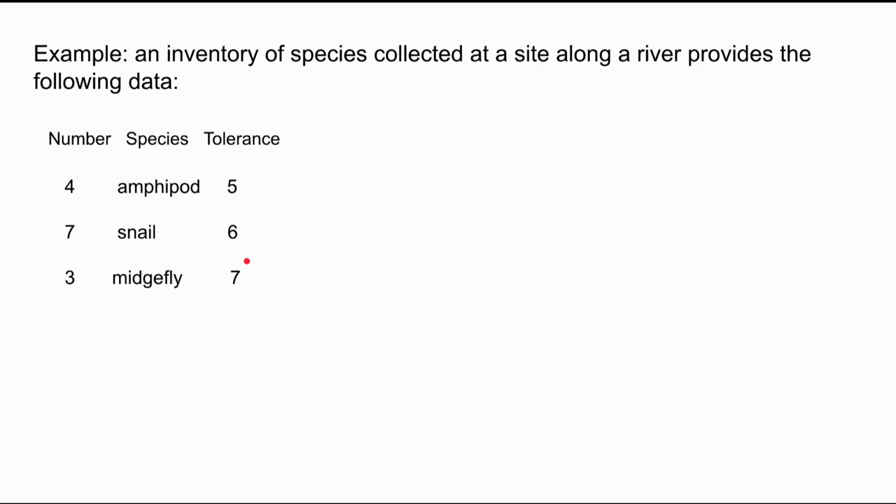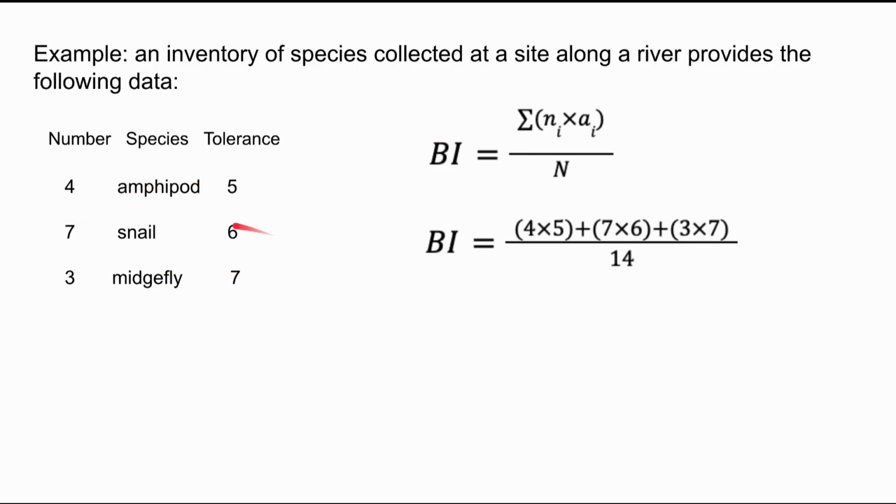So now I'm just going to use this in that biotic index equation to see what value I come up with. The biotic index is going to be the sum of the number of individuals, which would be, in this case, 4 amphipods, times the tolerance rating of that particular species, 5. And I'm just going to sum it up for each of these. So for amphipod, the number was 4, the tolerance rating was 5.